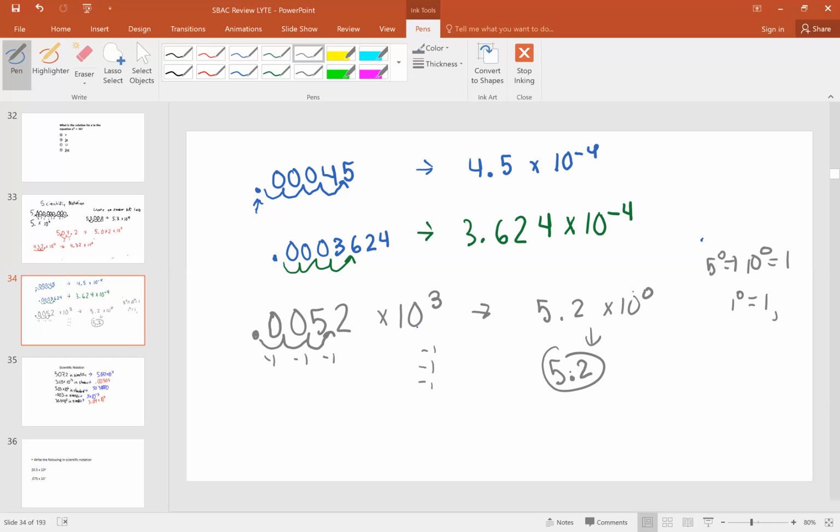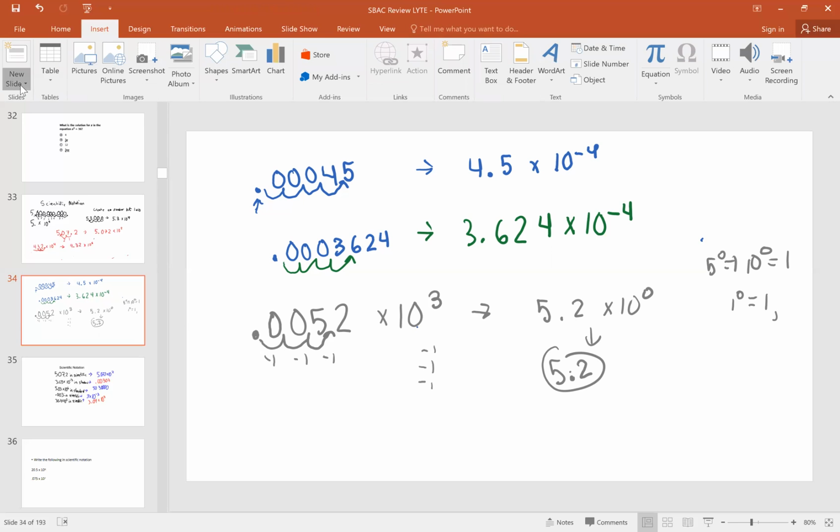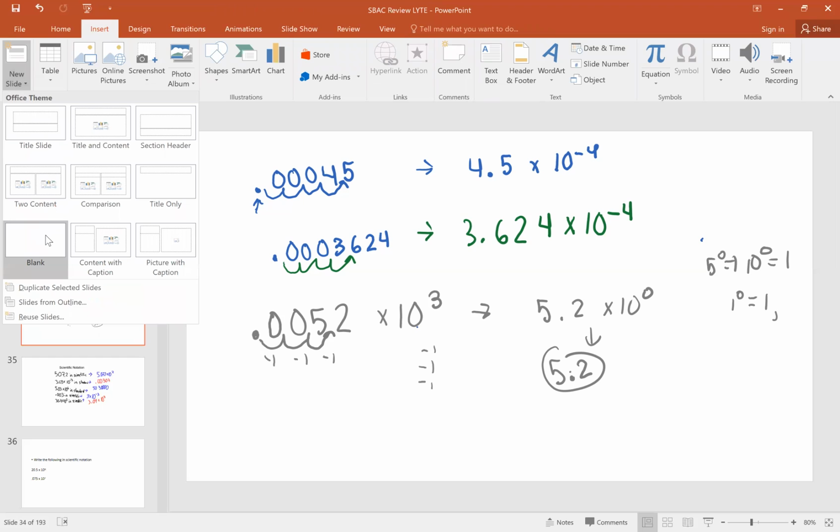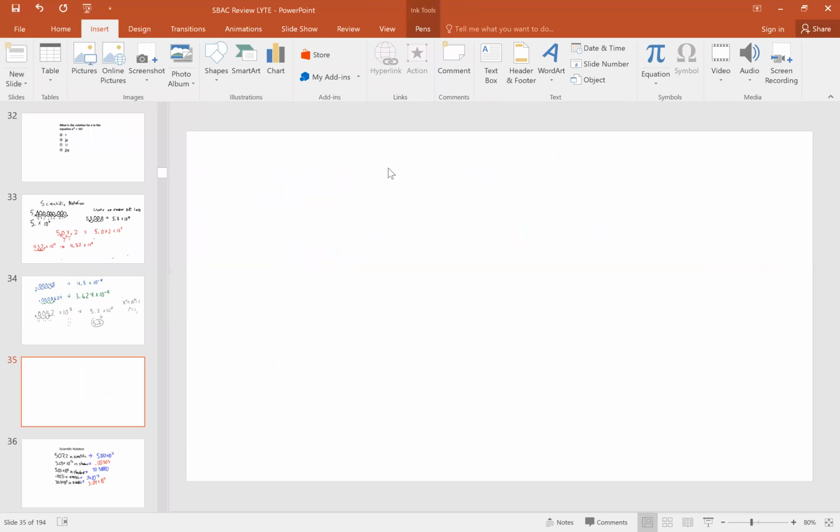All right, so that would be how you would solve some of the scientific notation problems with your most basic level of scientific notation problem. But sometimes you have to go from scientific notation, all right, so from scientific notation to standard notation.